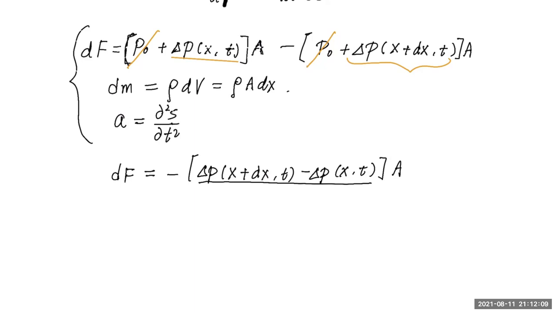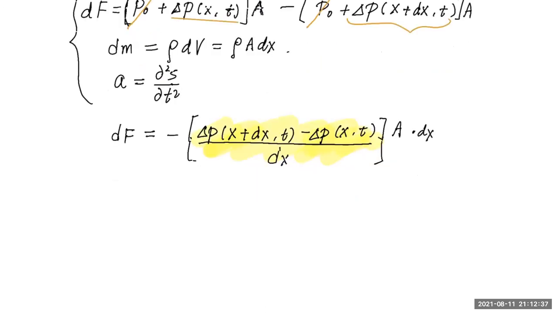If I divide this by dx and then multiply this by dx, what do you think this is? What do you think this is in the bracket, this whole thing here? Isn't this the derivative of delta P with respect to x while keeping t the same, right?